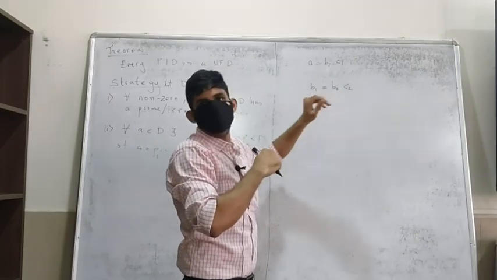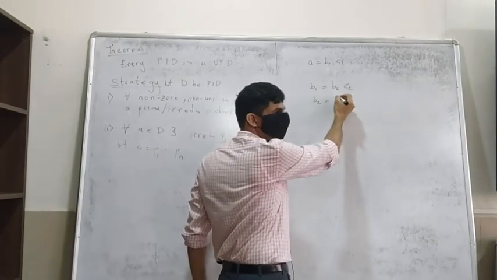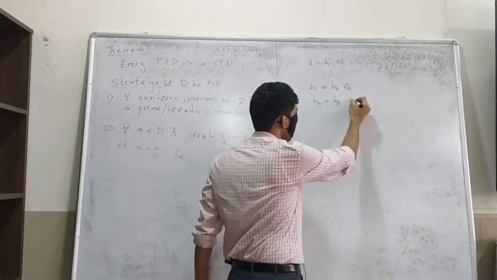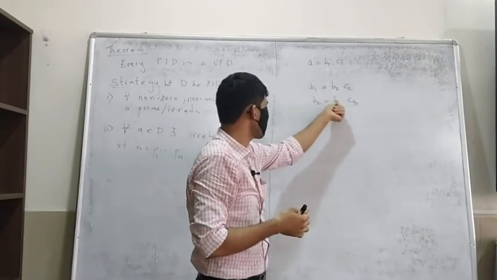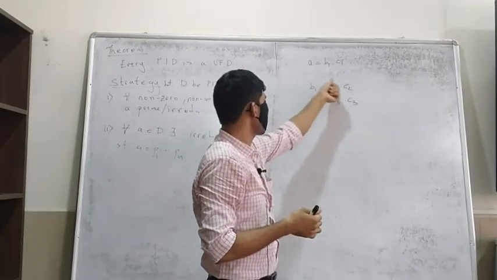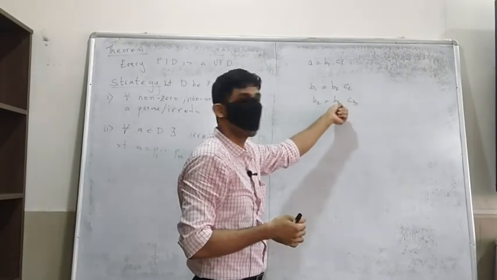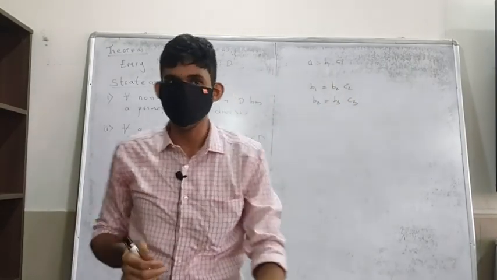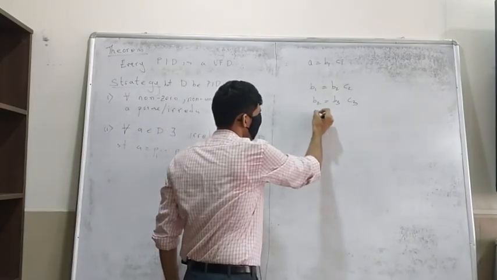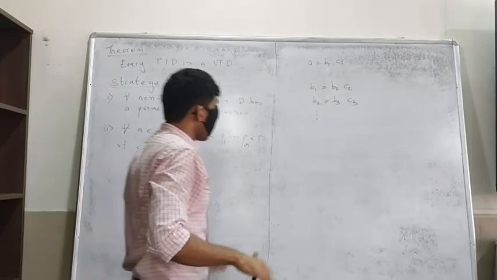Since B2 is not an irreducible, I can again break up B2 as a product of B3 into C3, and by the same argument, because B3 divides B2 and B2 divides B1 and B1 divides A, this will mean that B3 divides A, so B3 cannot be an irreducible, and I can keep doing this.